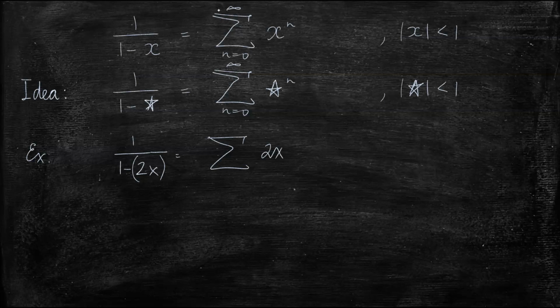So that's exactly what we're going to do. We're going to replace the star with 2x. When we do that, don't forget that we also have to replace the star in the statement about the interval of convergence. So meaning that we will most likely obtain some sort of absolute value inequality that can be then solved.